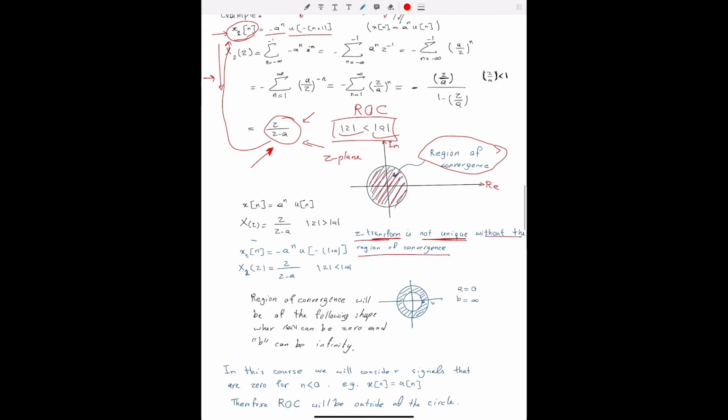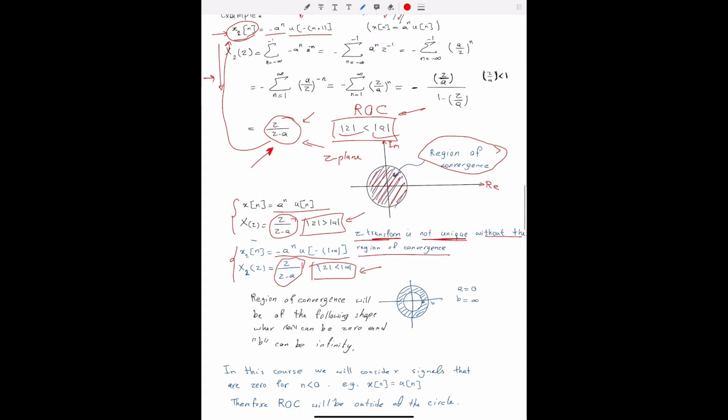So we need the region of convergence plus the z transform in order for it to be unique, right? So this is what we are explaining right now. If we have a to the power of n, u of n, we get the same z transform. And if we have minus a to the power of n, u of minus 1 plus n, we have again the same z transform. But for the region of convergence, one is outside of that circle and one is inside of that circle.